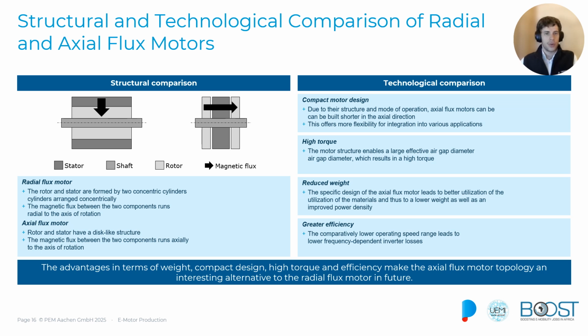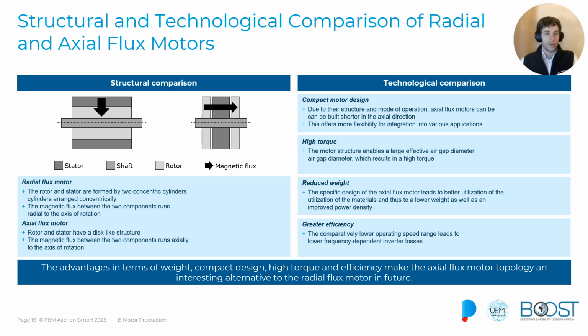To see the difference, we made a structural and technological comparison of radial and axial flux motors side by side. Starting with a structural comparison, within the radial flux motor, the rotor and stator are formed by two concentric cylinders arranged concentrically.